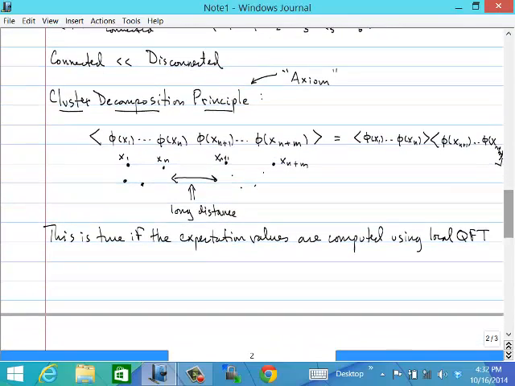I don't plan on talking any more about the cluster decomposition principle, but I thought that, in the context of thinking about connected versus disconnected Feynman diagrams, it would be worth mentioning.